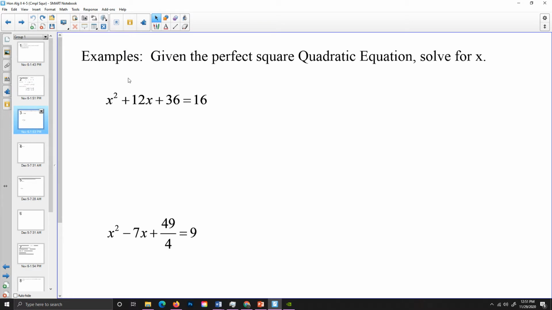Now, first example. Given the perfect square quadratic equation, solve for x. In this particular situation, they are saying that this is already a perfect square. This expression that I'm highlighting right here is already a perfect square binomial.